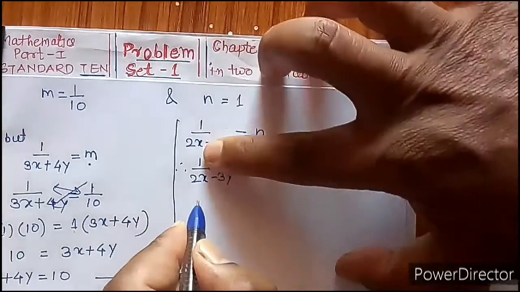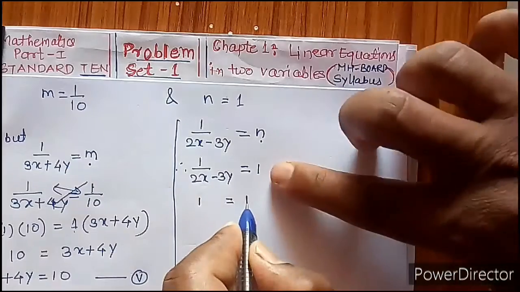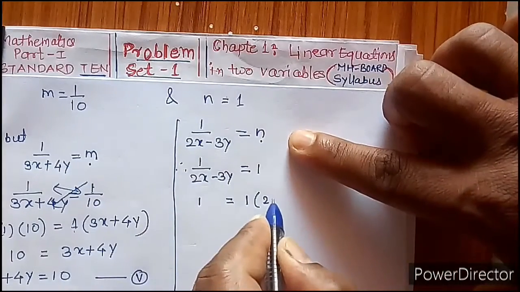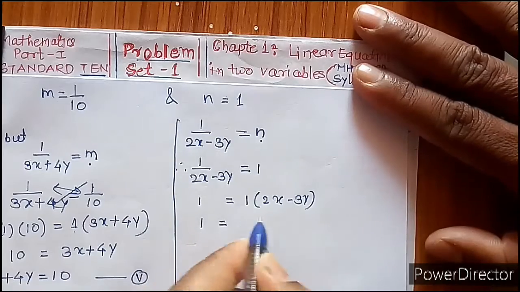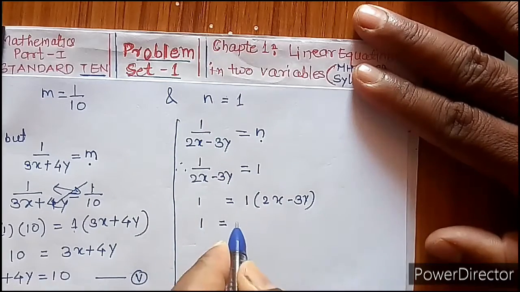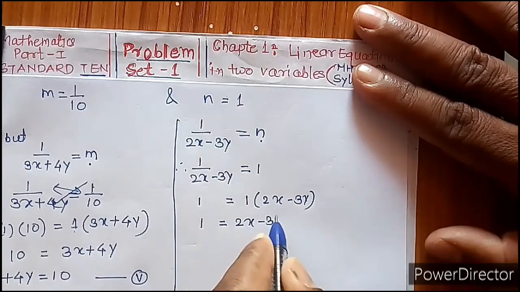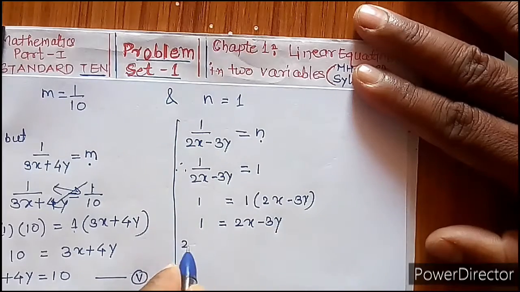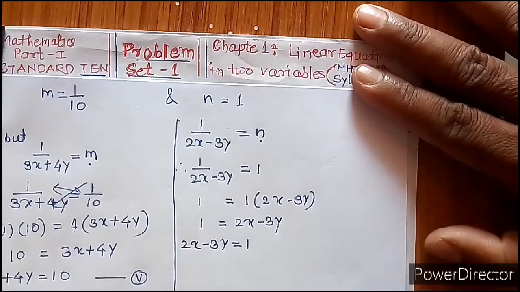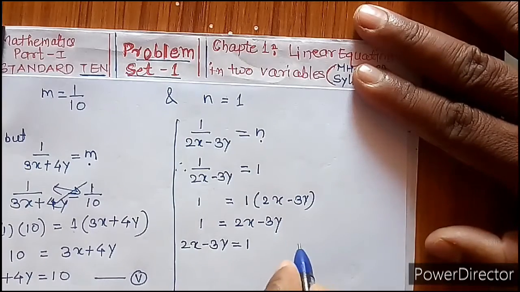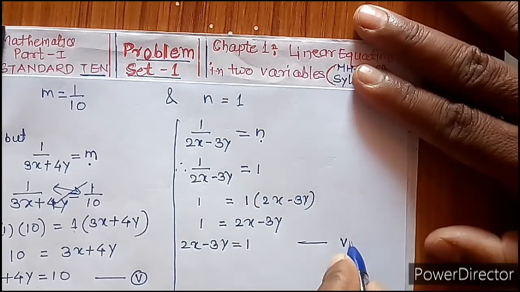On solving, 1 equals 1 into (2x-3y), that is 2x-3y. Therefore 2x-3y equals 1 by interchange of sides. Now give this equation number 6.